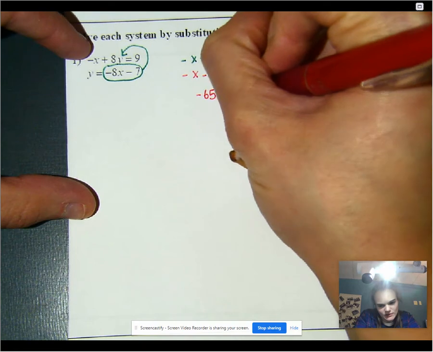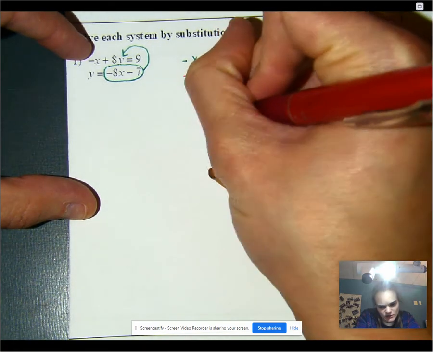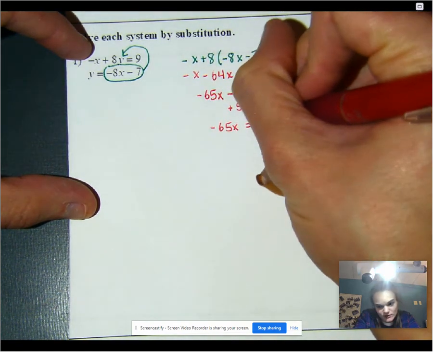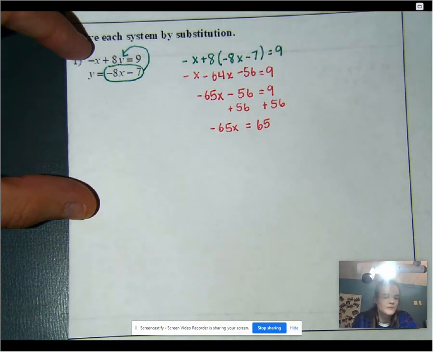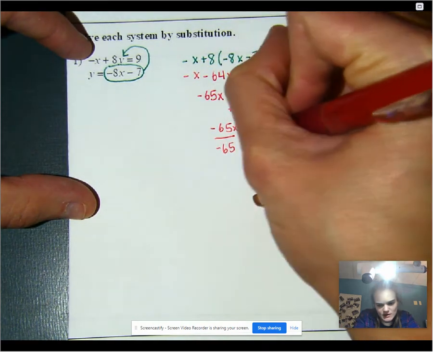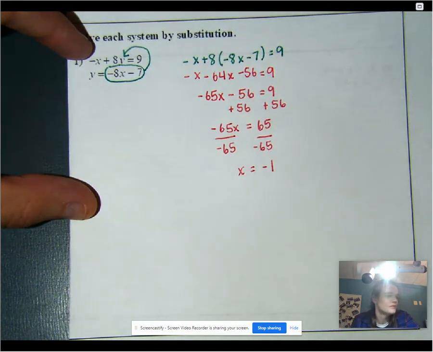Add 56. Negative 65x equals 65. And divide by negative 65. So x equals negative 1.